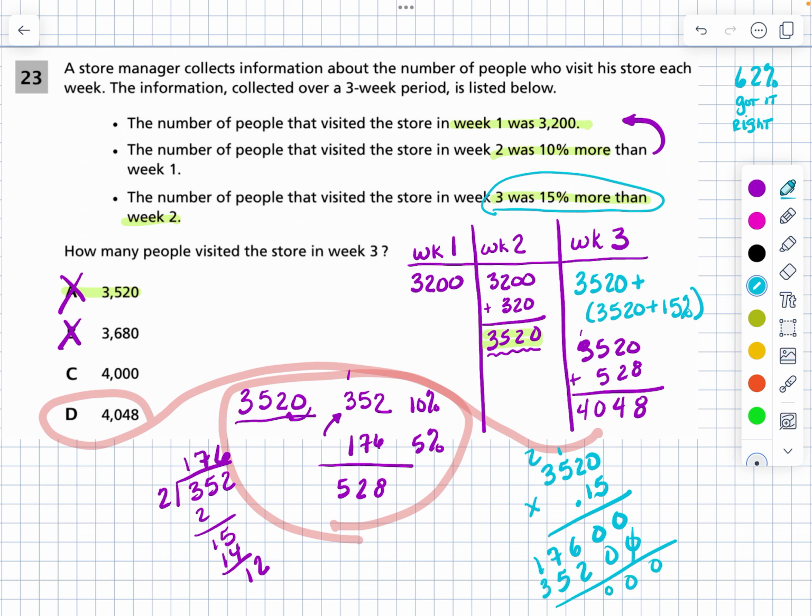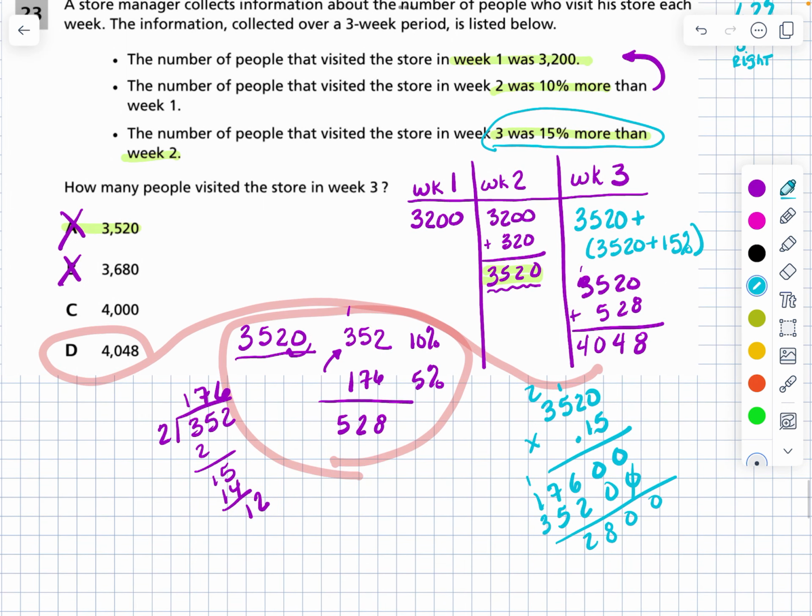If you notice, I should go up so I can keep my numbers lined up. And my decimal point is over 2. So I go over 2 here, and I end up with 528, which is the same thing I got here.